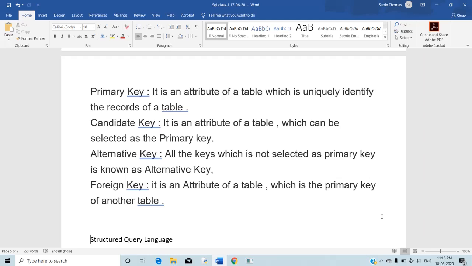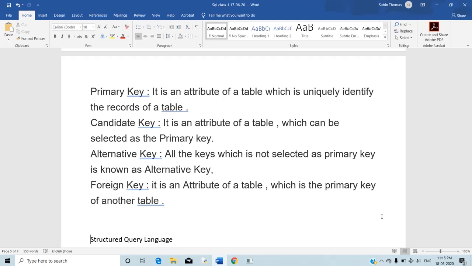And in that table, we have another attribute named department number, which represents in which department that particular employee is working. The second table is the department table, which consists of information about the departments and has an attribute department number, which is the primary key in the department table.